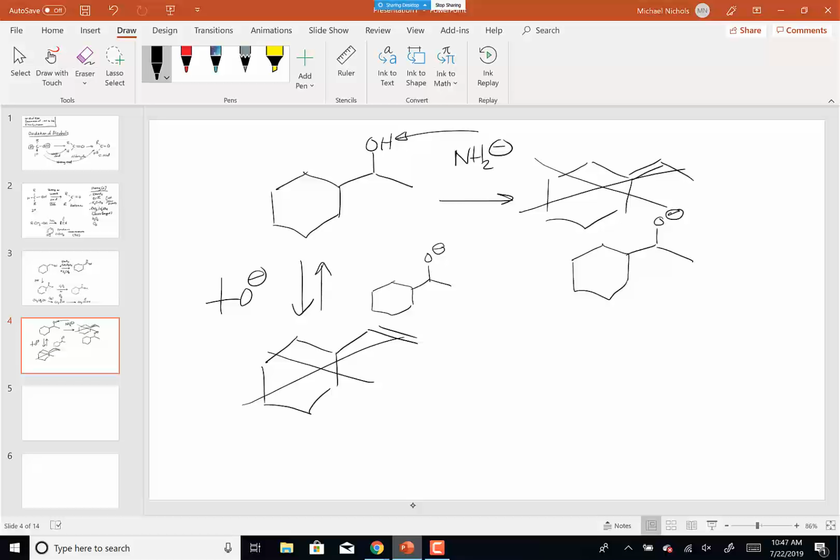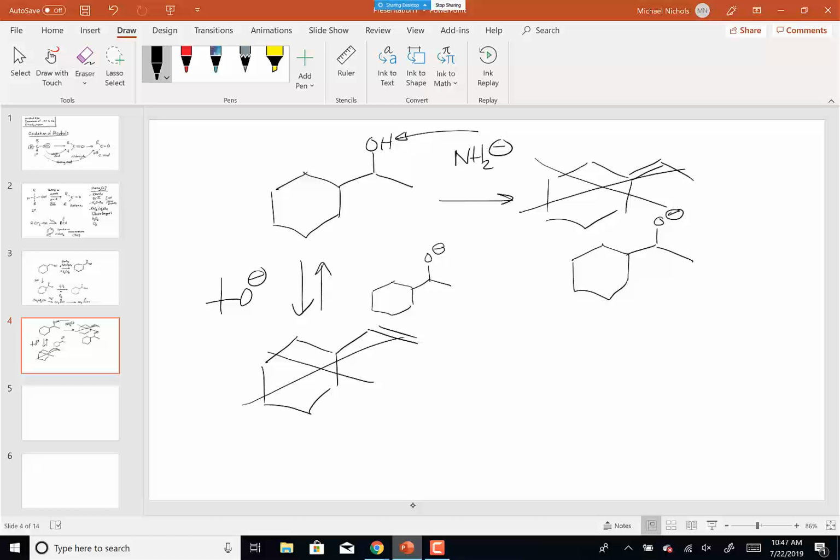This is the reason why I set it up this way, so I can trap people into thinking, oh, we'll just use NH2 minus and tertiary butoxide, which we will, but not with alcohols.